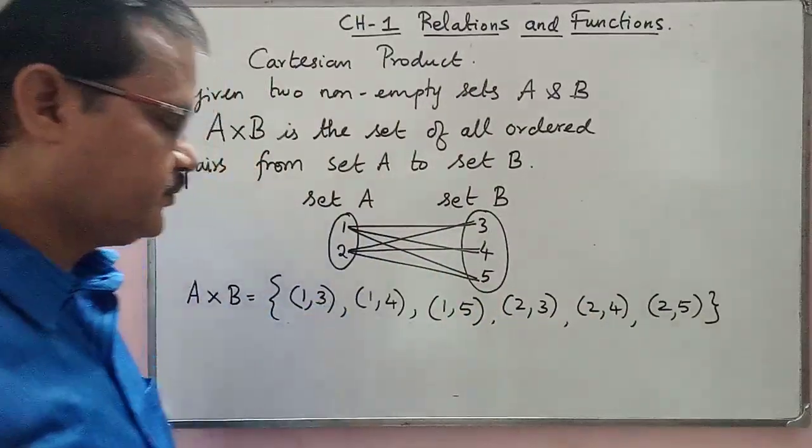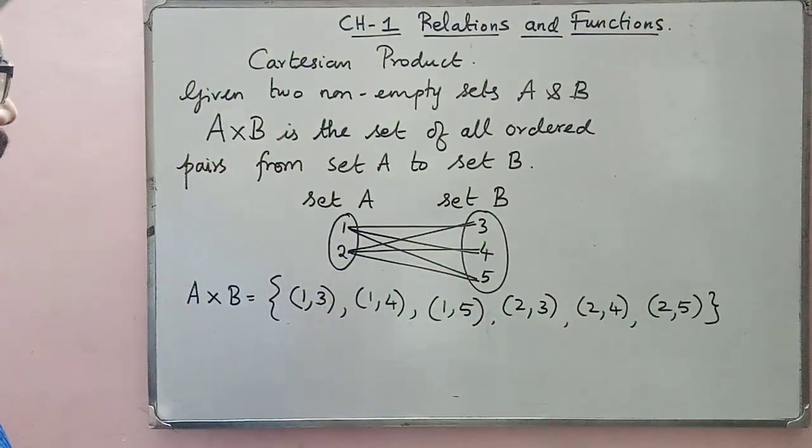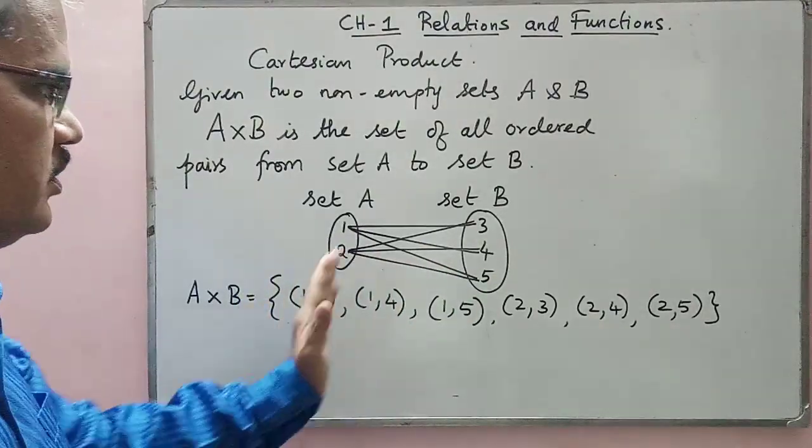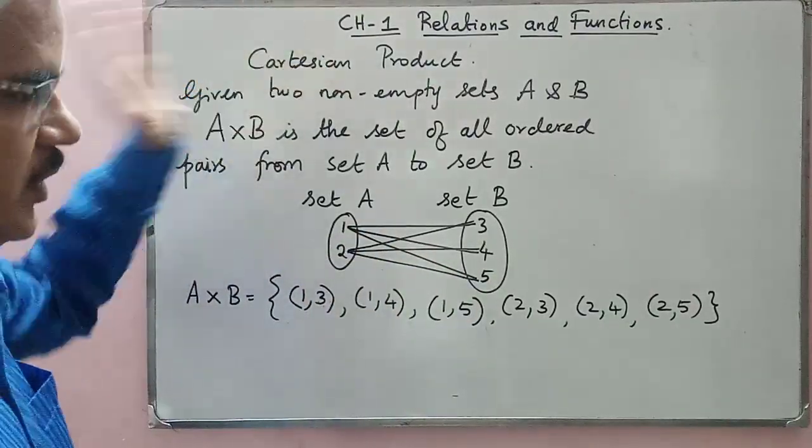Okay, children, this is the Cartesian product. All possible ordered pairs from set A to set B are defined as the Cartesian product.